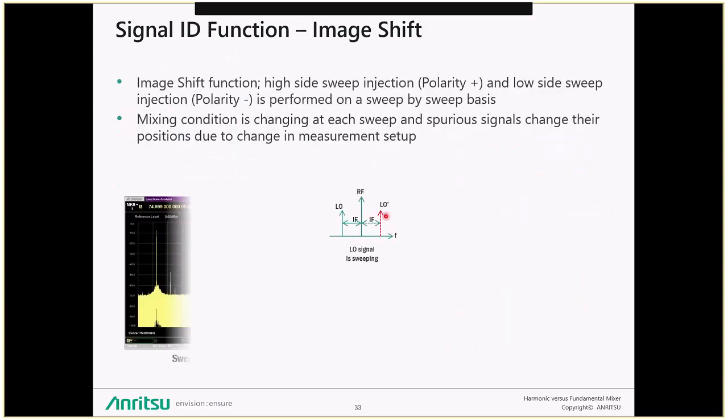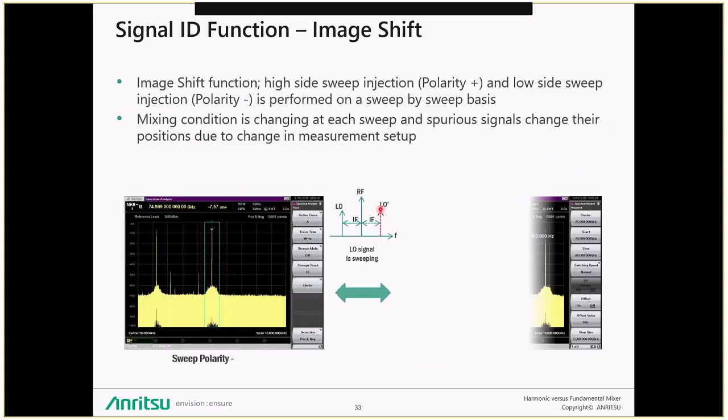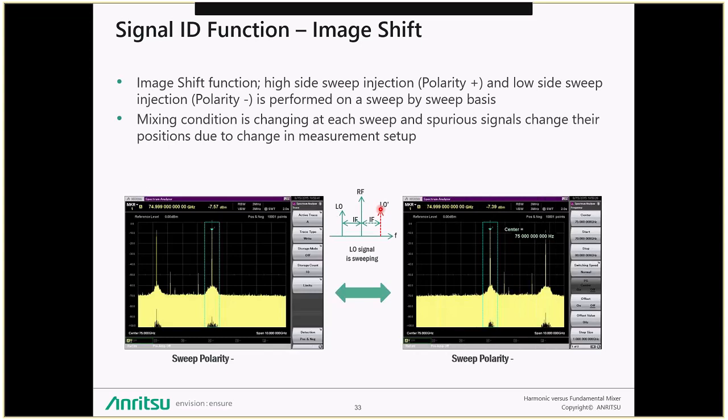So how does this function work for improving the image response in our spectrum analyzer? What we do is just two sweeps, using the positive polarity in our local oscillator and negative polarity in our local oscillator, and comparing both sweeps. In the first sweep, we will have our real signal and the image response in the lower side of the spectrum.